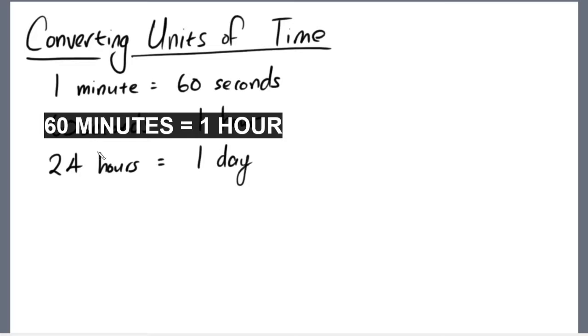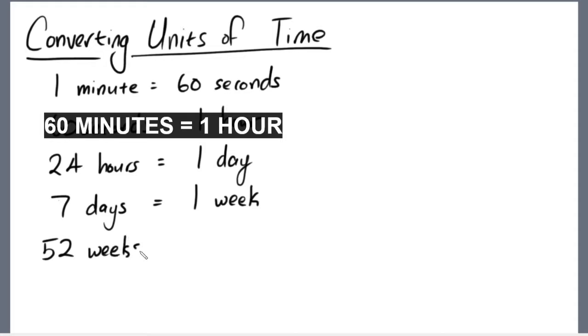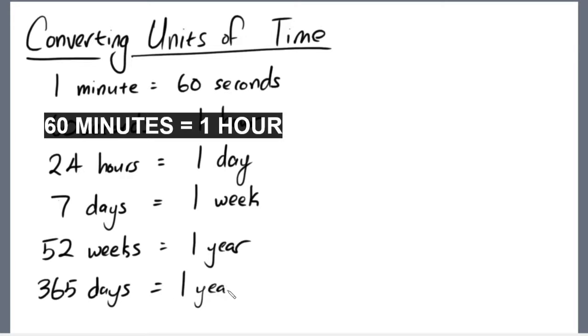We know that 7 days is equal to 1 week. And we know 52 weeks is going to be 1 year. We know that 365 days in a standard year is equal to one standard year.